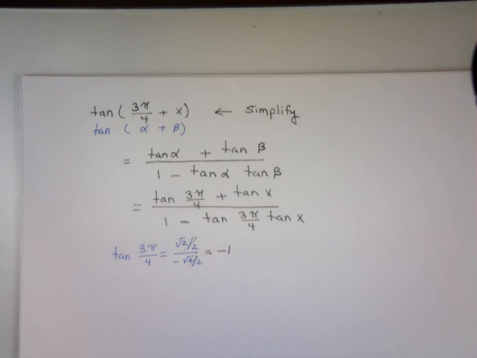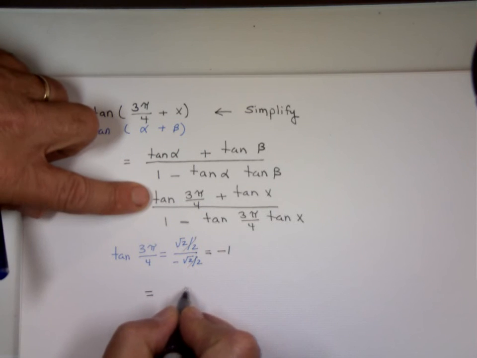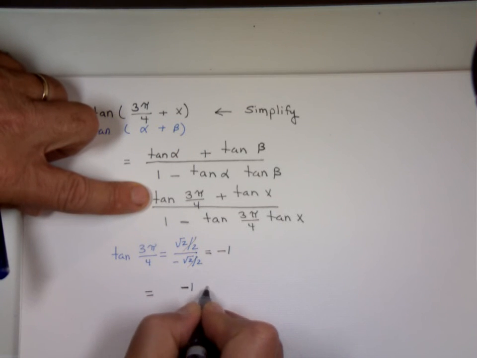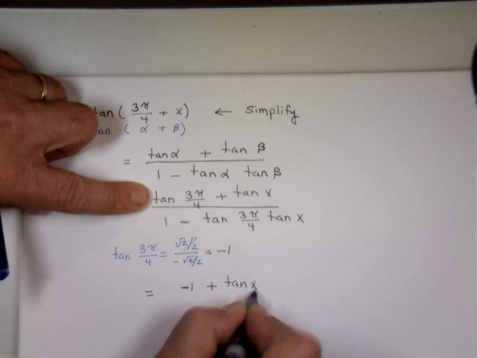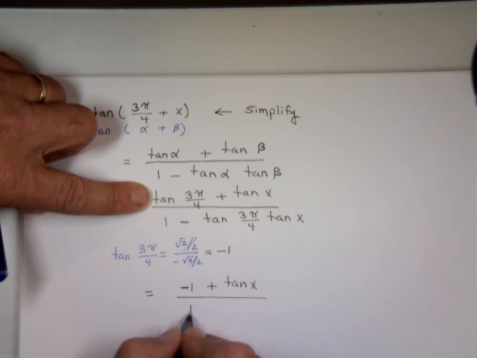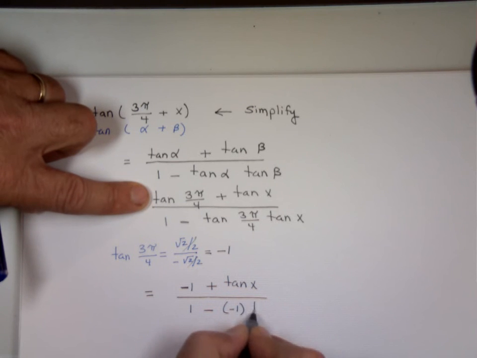You can also do the outside over the inside if you want to. So now plug it in. Tangent 3 pi over 4 is minus 1, plus tangent x, over 1 minus tangent 3 pi over 4, which is what? Negative 1 times tangent x.